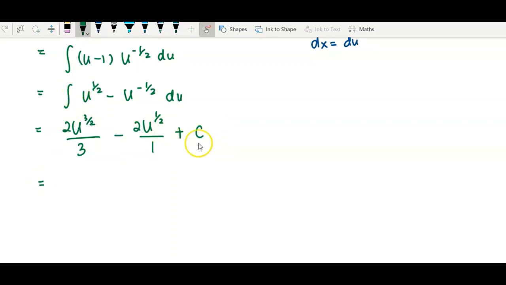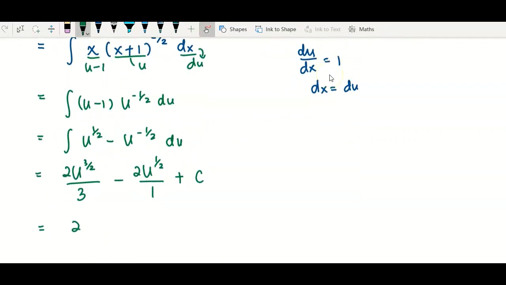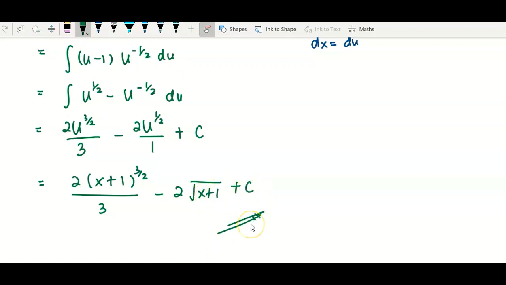I need to plus constant c. Then later on, I'm going to substitute back u as x plus 1. Okay, x plus 1. This one will become right back as x plus 1. Okay, this is 2 square root of x plus 1 plus constant c. This is how we integrate.